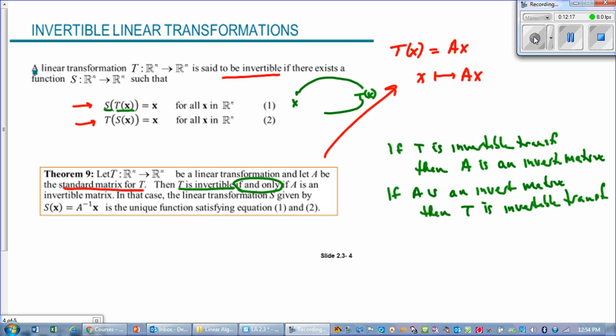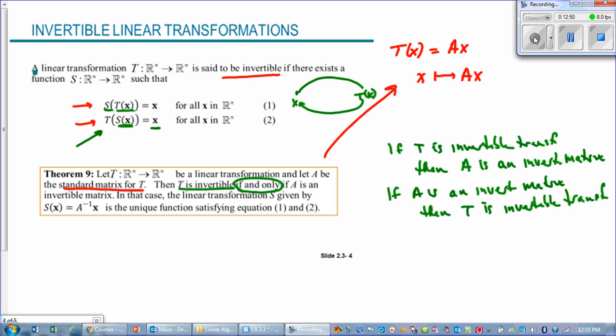If S goes right back to the X, or even if we started with something over in the codomain, transformed with T and came up with X, if both of those work, then what that means is that S is just the inverse of the function T. So you did inverse functions back in college algebra, so this should look somewhat familiar to you. That's what the property of an inverse function is, and that's exactly what a transformation is. So this is just tying it to the matrices that perform that transformation.